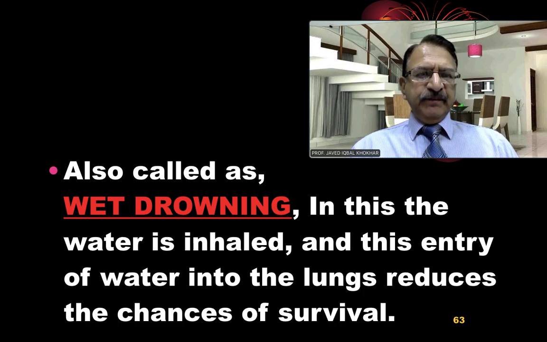And this typical drowning, because of the water, is called wet drowning. In this, the water is inhaled, and this entry of water into the lungs reduces the chances of survival. Once the water is inhaled and it replaces the air which is present in the lungs, this will cause asphyxia.